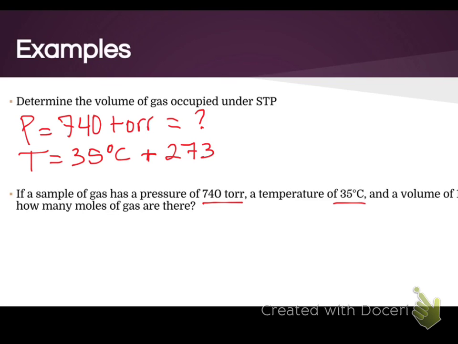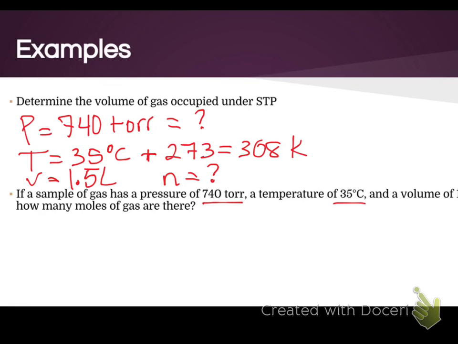So I'm just going to do that real quick. So we get 308 Kelvin. And a volume, I cut my page off. Hang on. Okay, so it says a volume of 1.5 liters. So we're going to go with that. And it's looking for how many moles, so moles is N.